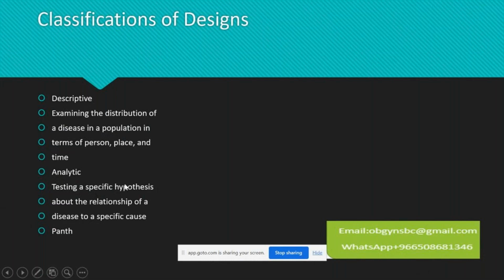While the analytic studies test a specific hypothesis about the relationship of a disease to a specific cause. This distinction was made by Penn. So in the descriptive, we are just doing observational studies. And in the analytic studies, obviously, we are going to analyze something. So what do we analyze? We analyze data.